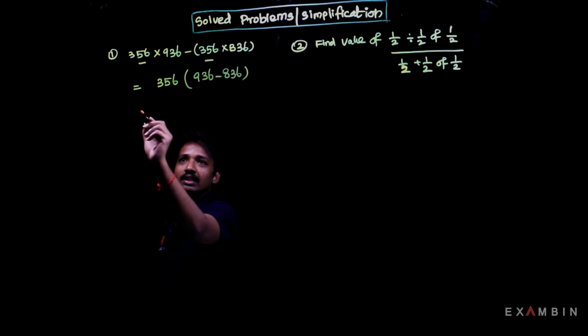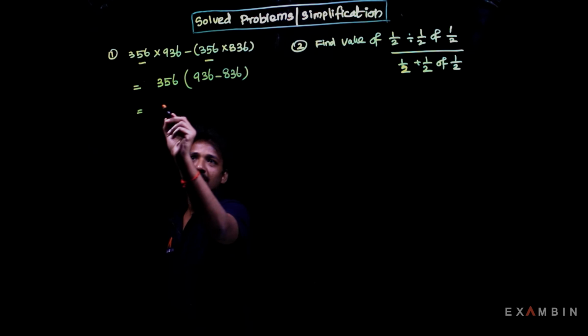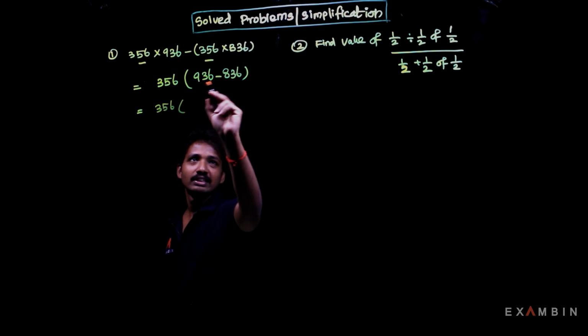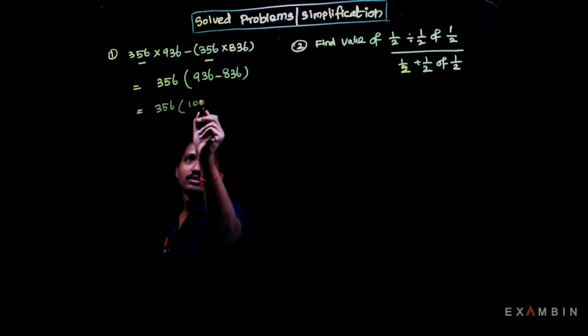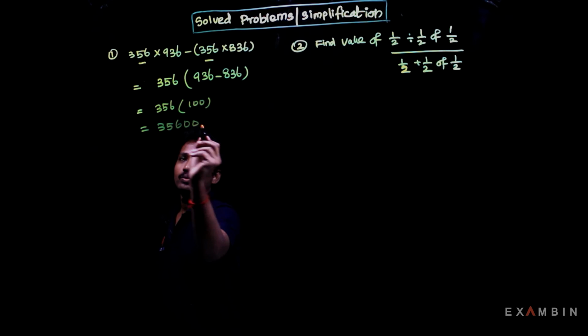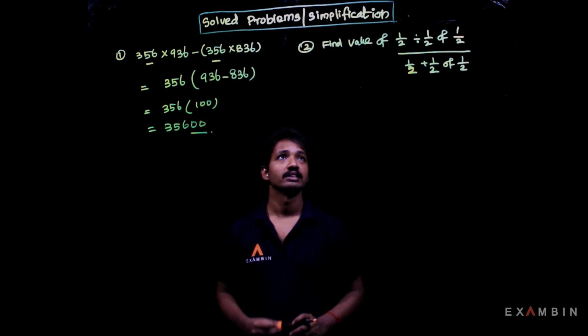Then I will solve the value inside the parenthesis. 356 into 936 minus 836, which is 100. So it will be 356 double 0. That's it.